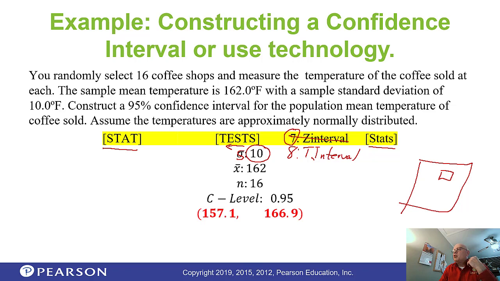Put the 162 in for the sample mean. Put 16 for the sample size. Put the confidence level in there. By the way, notice that in this one, you don't need to make the adjustment. Put the confidence level directly as 95%. When you hit calculate, you're going to get the right answer.